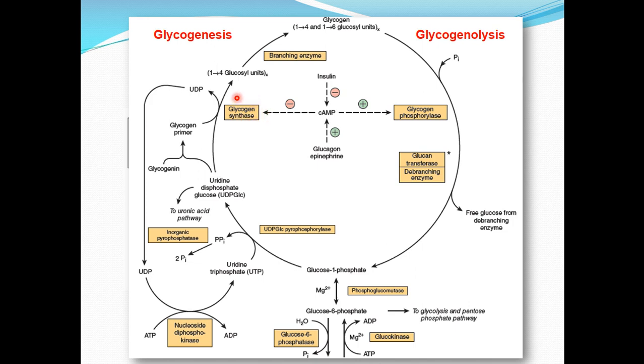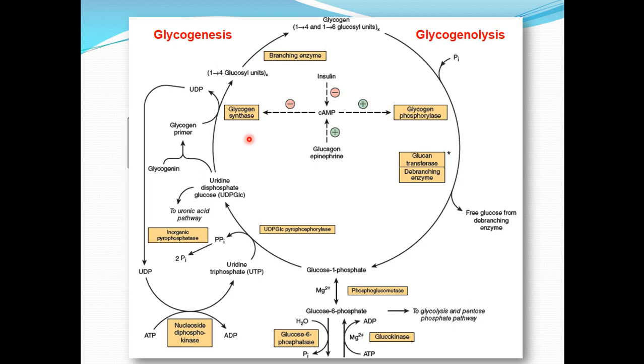Glycogen synthase A and glycogen phosphorylase A are the active forms. So the active form of glycogen phosphorylase is phosphorylated, and the active form of glycogen synthase is dephosphorylated.